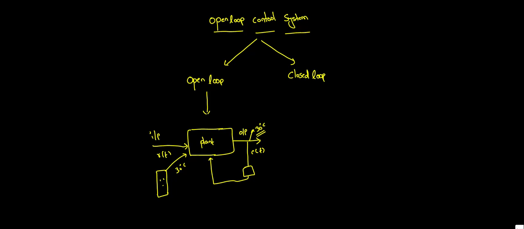So basically the main difference between open loop and closed loop control systems is that in an open loop control system there is no feedback, and in a closed loop control system there is feedback. In general, this is how the closed loop system is represented. Suppose you have a system, or I can say a plant.